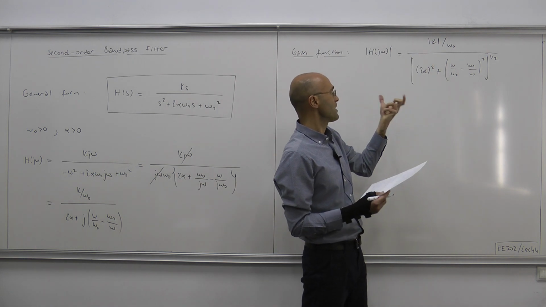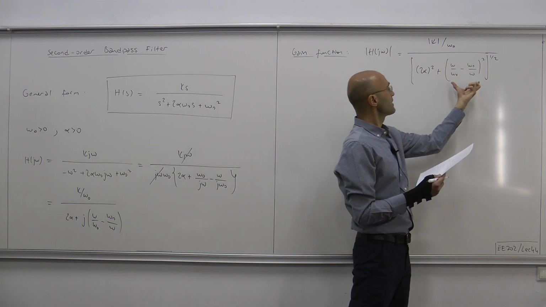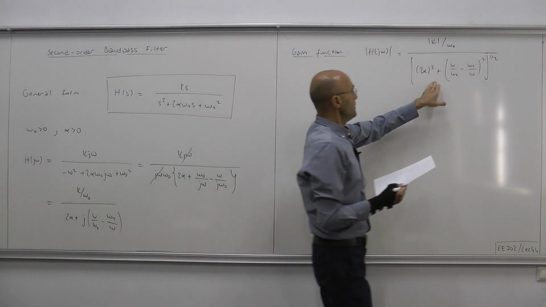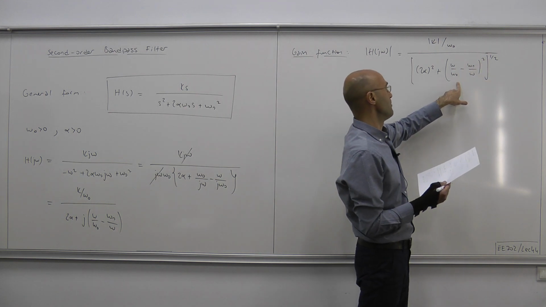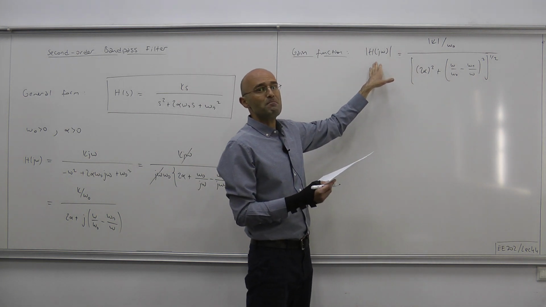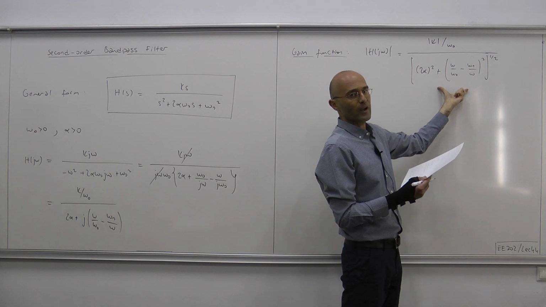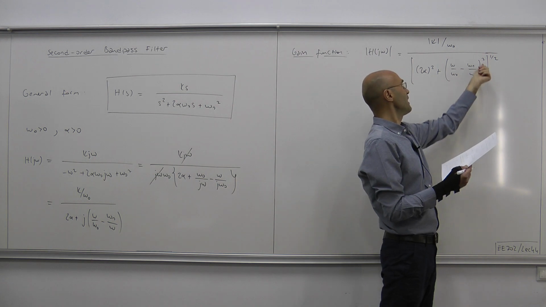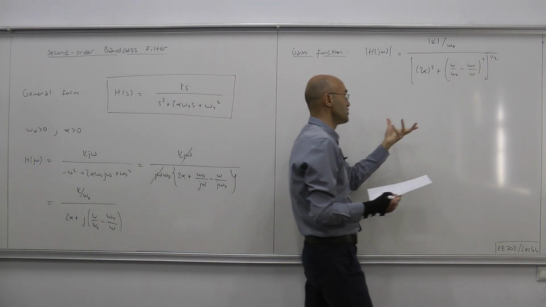The only thing that depends on the frequency is the denominator, in fact this part of the denominator. Since this is never negative, always non-negative, the gain is maximum when the denominator is minimum. The denominator is minimum when this term is minimum, and this other term is never negative. Therefore, the minimum value that it can achieve, if it can achieve it, is 0.